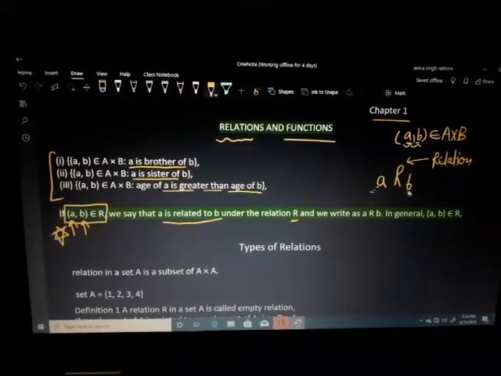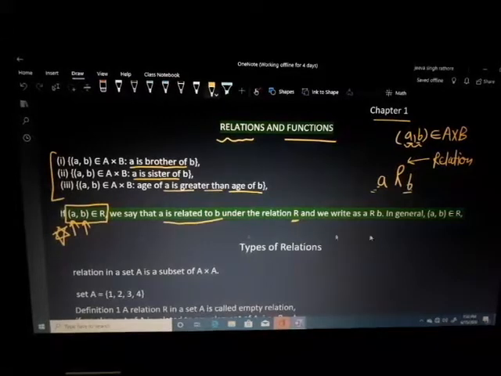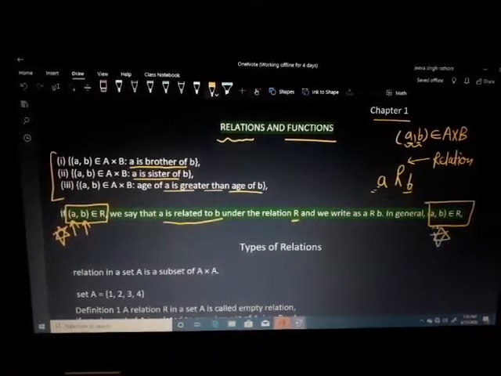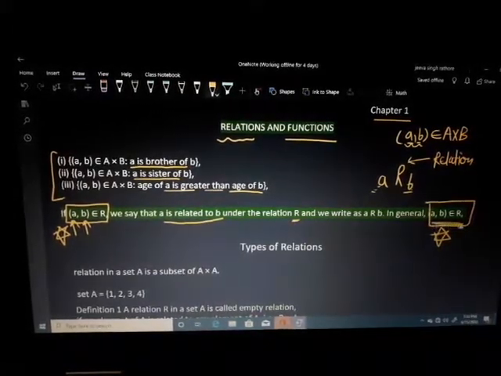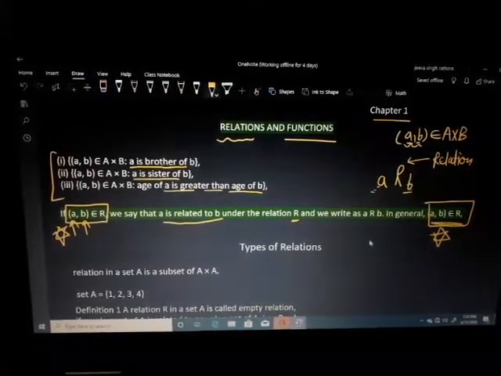This is the relation between A and B, or in general you can represent it as A comma B belongs to R. This is mostly used, so note it down: A comma B belongs to R. This is the relation representation.